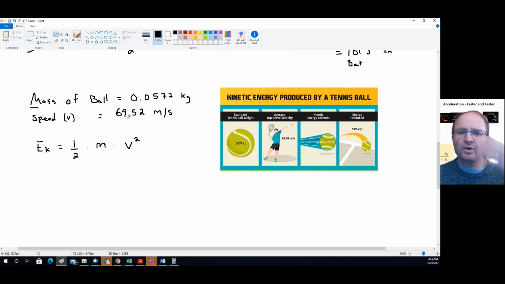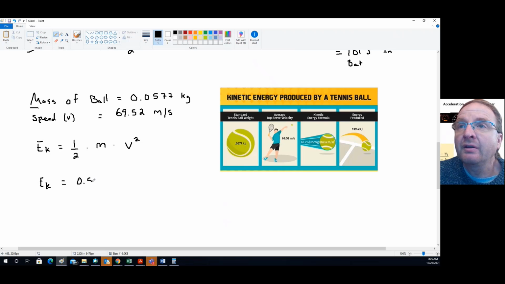Always process that and think about what it's telling you. Let's go ahead and solve this. Let's plug our numbers in. EK, kinetic energy. Say it as you write it too. Definitely pause the video and calculate it.